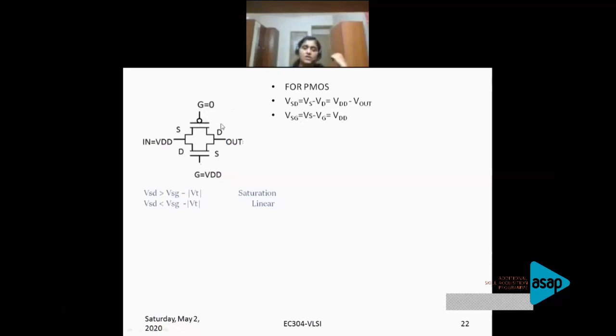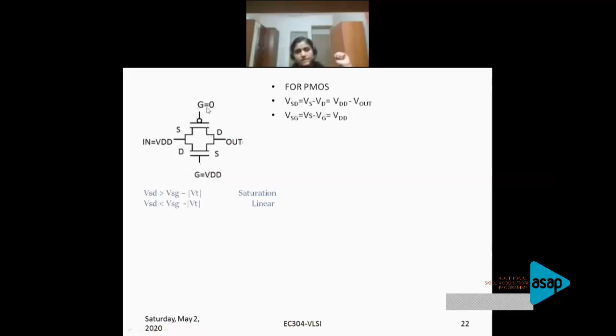So your VGS, like for NMOS, VGS means VG minus VS, which is 0 minus VDD, which is minus VDD. So you have a negative gate to source voltage for the PMOS. So this PMOS is always on. More clearly, you're applying 0 volt to the gate, so the PMOS transistor is always in an on state.